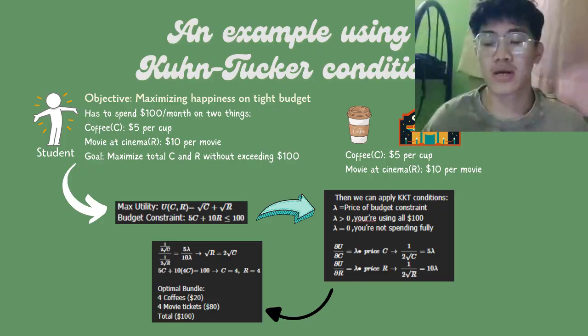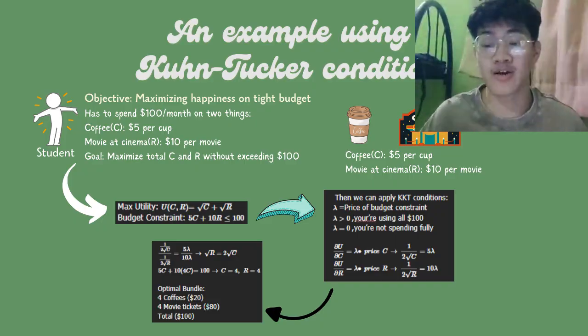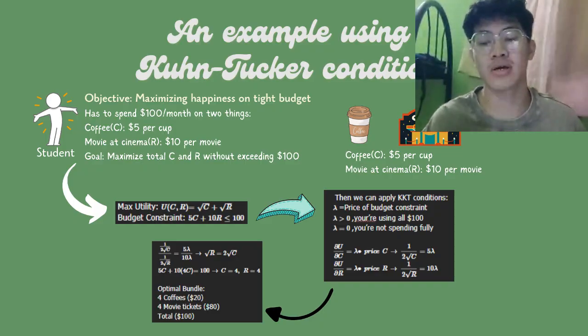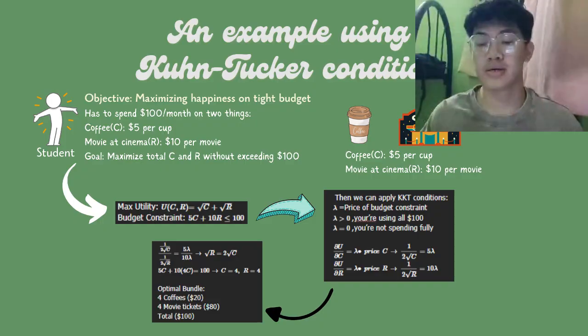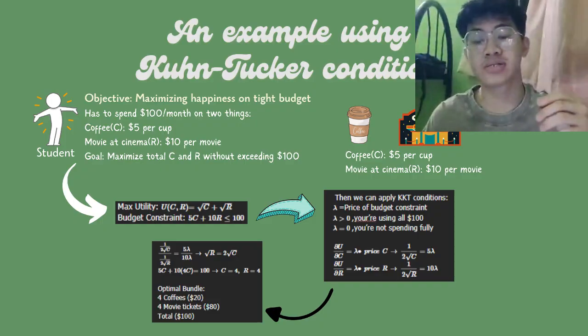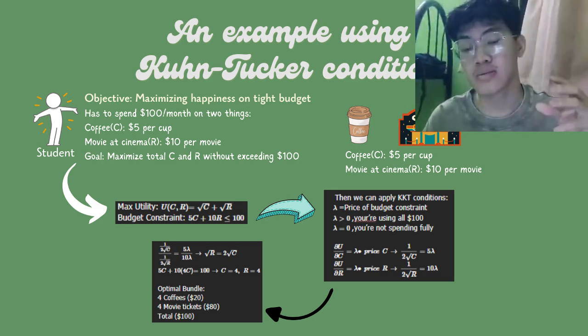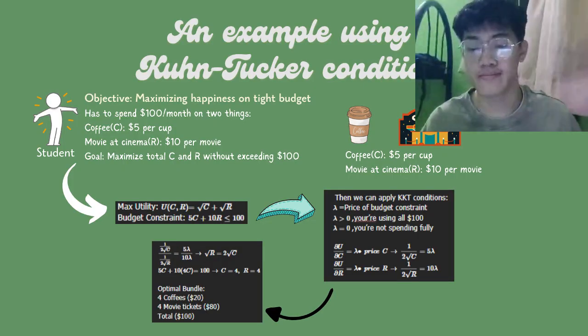The information we know is that coffee is $5 per cup, and a movie at the cinema is $10 per movie. So one ticket is $10 and one cup of coffee is $5. Our goal is to maximize the total of C, which is coffee, and R, which is the movie ticket, without exceeding $100.